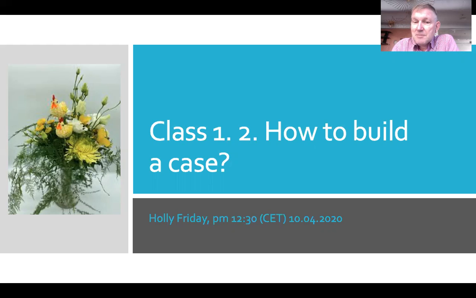But now we're going to go to class 1, 2, and it's very much about how to build a case. Case studies are very commonly used in comparative politics. Another way to do things, which is not so common, is by using experiments.